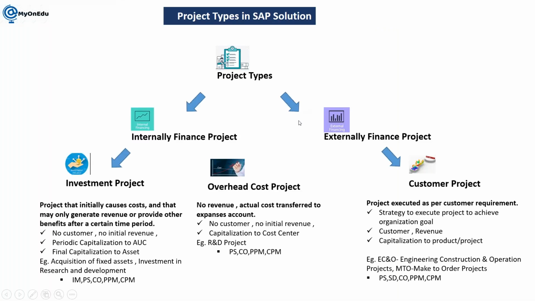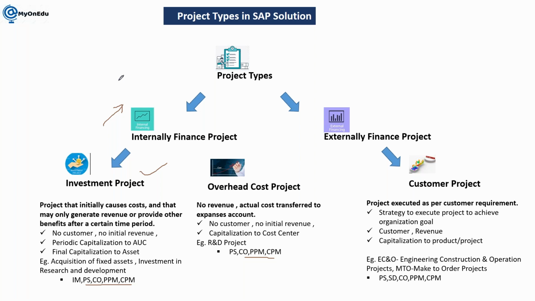Here I'm going back to the same PPT. If you see here, we are using different modules for different solutions. When we are talking about an investment project, we are talking about PS, PPM, CPM. What was happening earlier, before the EPPM concept, is that we used to tell the client this is your investment project, I will map it into IM, some portion into PPM, and some portion into CPM.